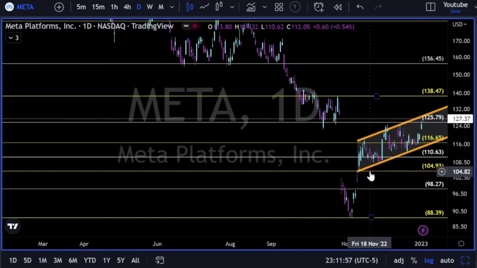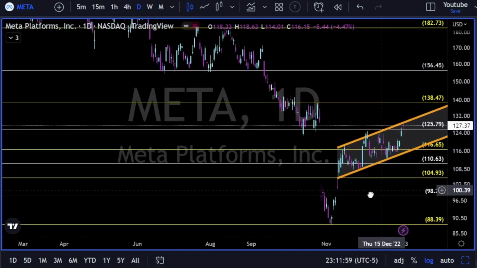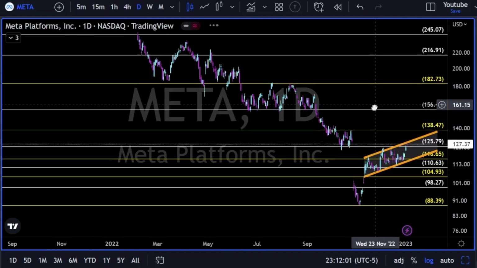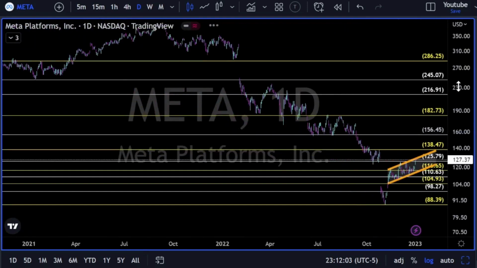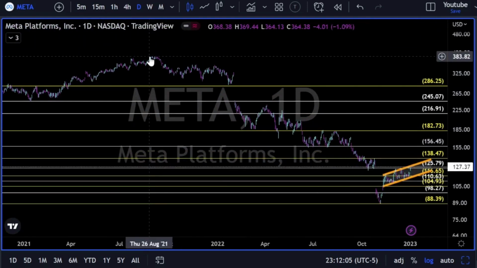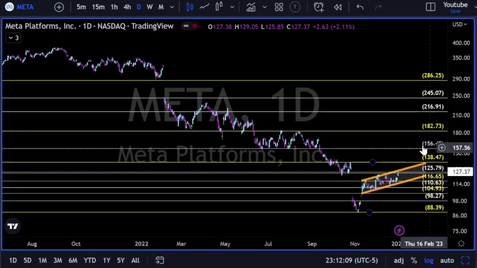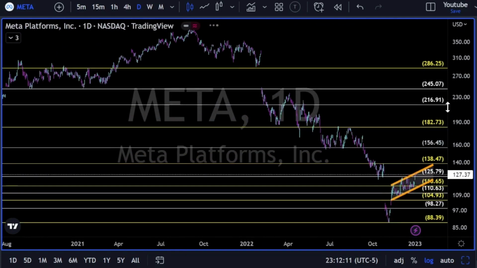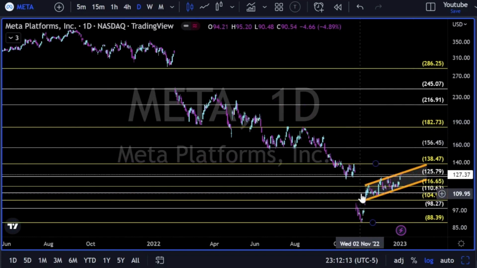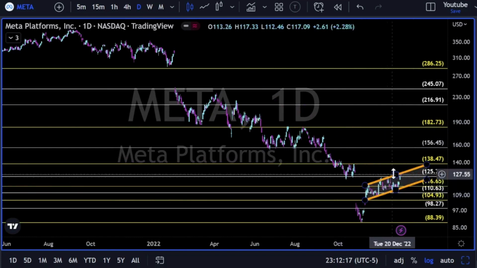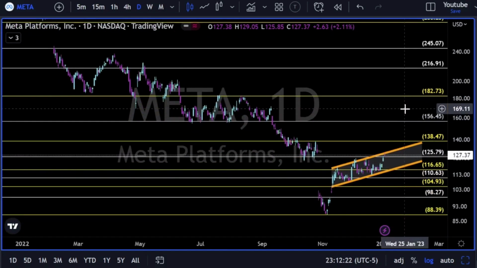Zoom out, we can see a short-term uptrend channel, but zooming out, Meta fell from the 385, now the 127. So no FOMO on Meta. Wait, no long yet. Wait for a break above and out of this channel here.